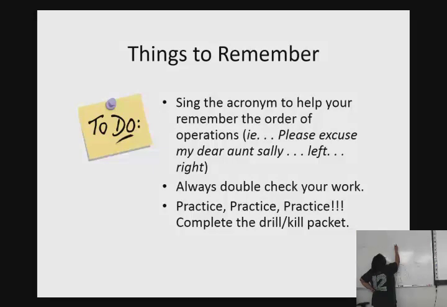Let's see, 3 to the third is 27. 4 to the third is 64. 5 to the third, what did we say that was? 125. 6 to the third, 6 times 6 is 36, 216. 7 to the third would be 7 times 7 is 49, times 7 is 343.